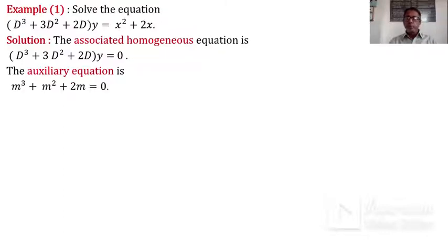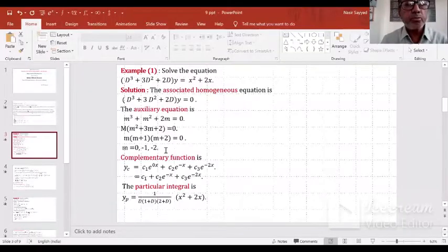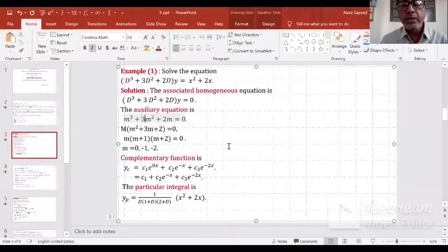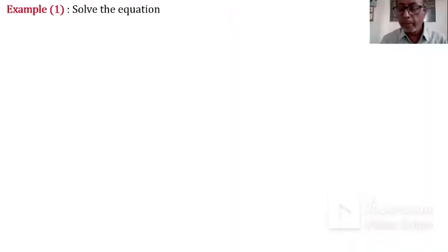Now from this we have to factorize this. m cube plus 3m square plus 2m is equal to 0.